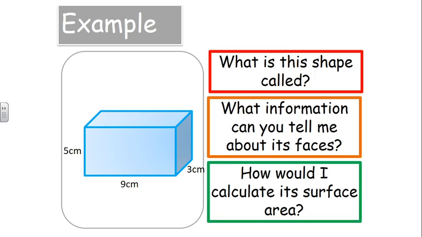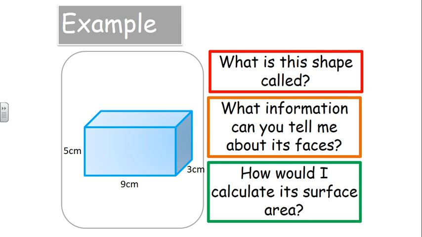Right, so surface area. So this shape here is called a cuboid. Now the first thing to note about this cuboid is that it has 6 sides, and in terms of the area of these faces, they're in pairs. So what I haven't said so far is the surface area is the area of all the surfaces added together.